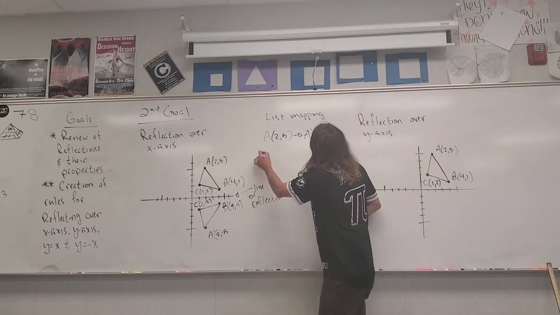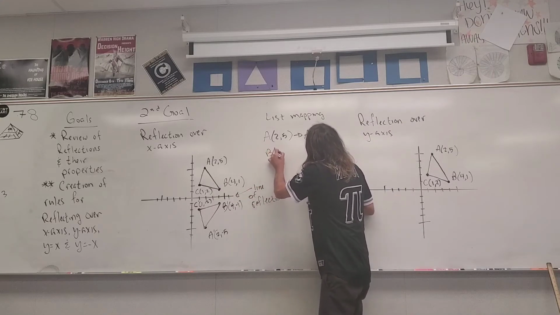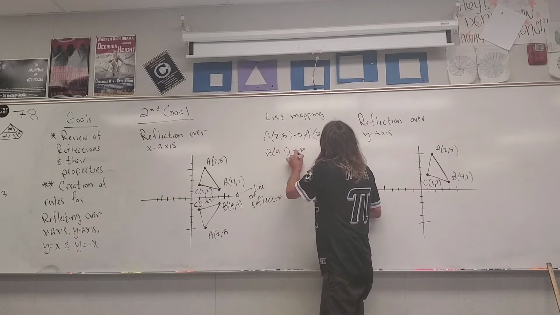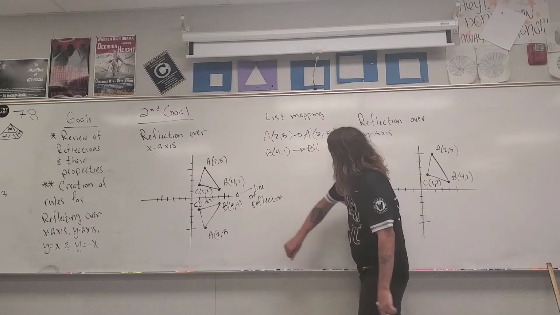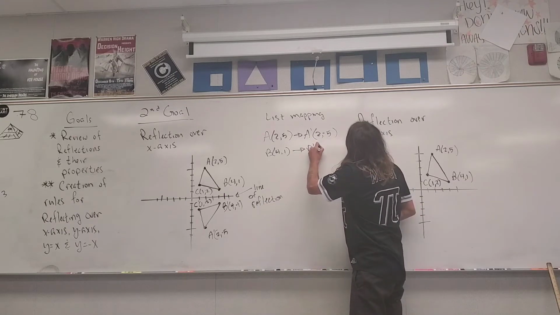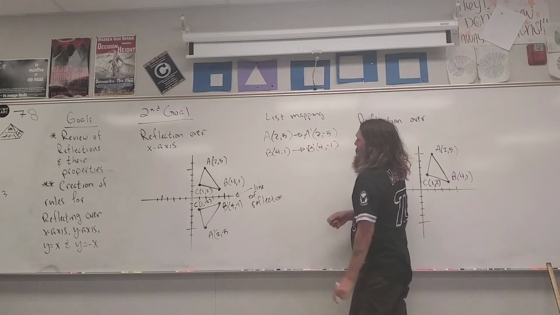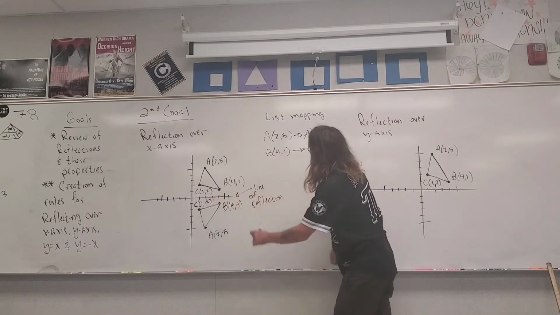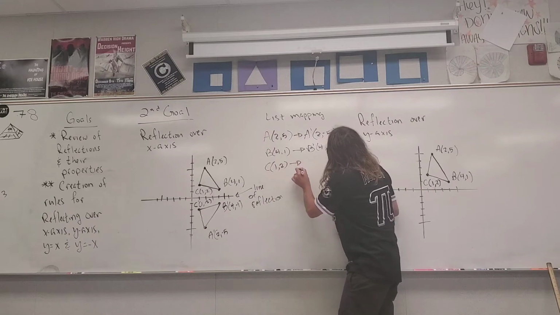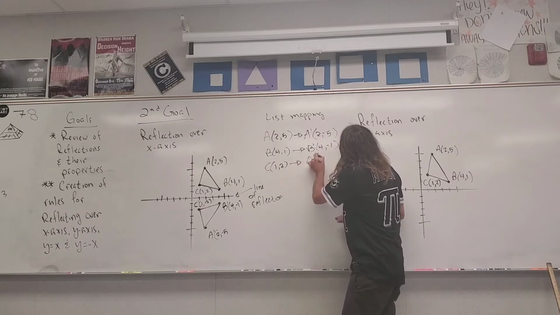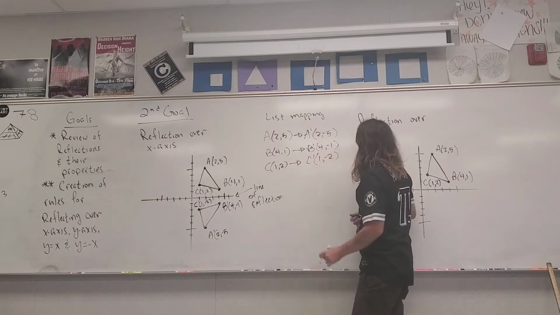B, which was (4, 1), mapped to B prime, which was (4, -1). C, which was (1, 2), mapped to C prime, which was (1, -2).